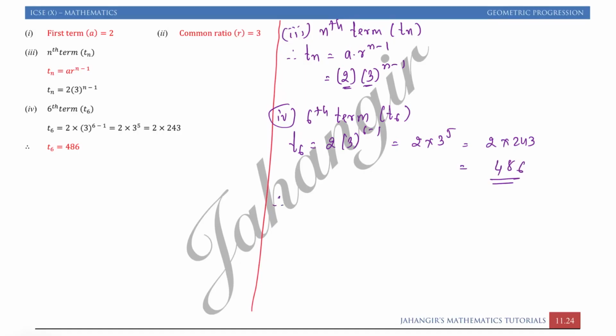So therefore my sixth term, that is T6 is equal to 486. This was a very simple question, but it's an important question in which any two terms of the GP will be given and you have to find the remaining parameters, that is a, r, and then nth term, then some specific term.